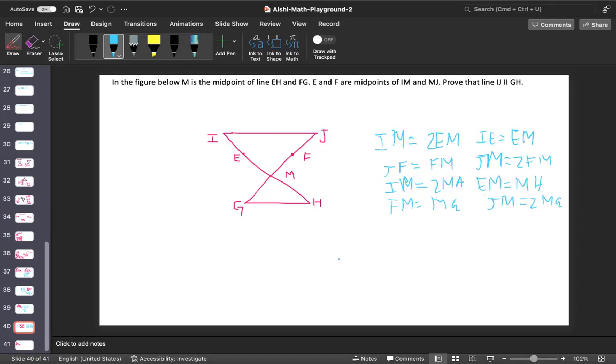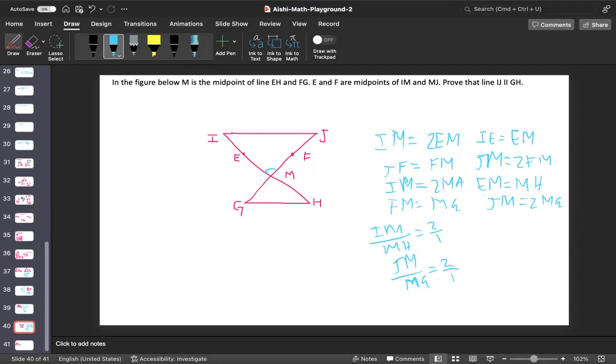So now that we have all of these side ratios, we know that IM by MH is equal to 2 by 1. We also know that JM by MG is also equal to 2 by 1, which proves that these two triangles are similar.